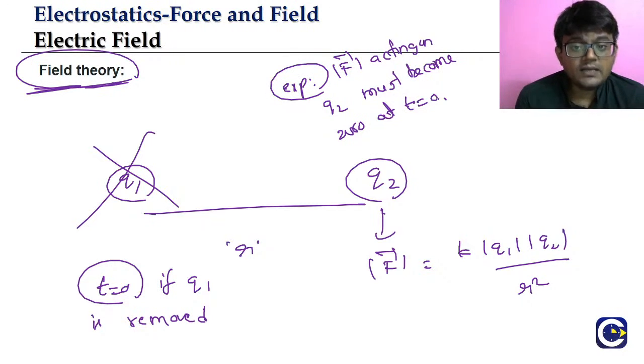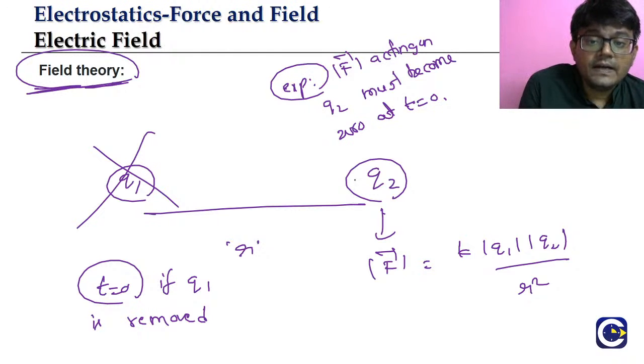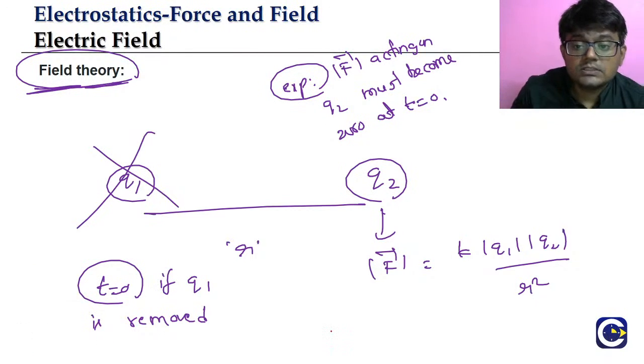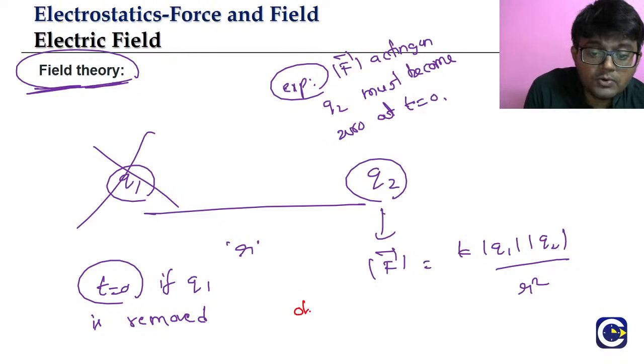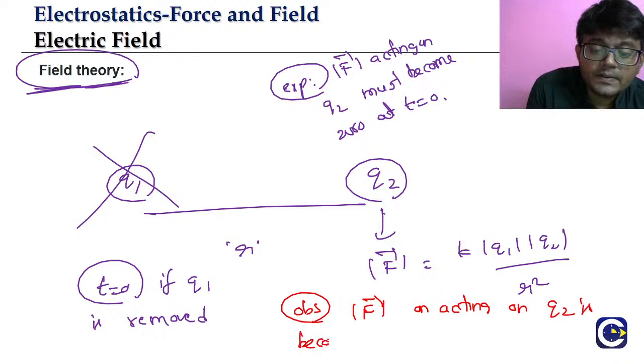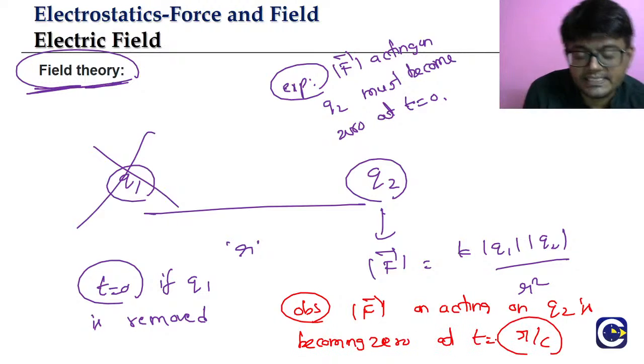But when they observed experimentally, it didn't happen. What was observed? The force acting on the charge q2 is becoming 0 at t is equal to r by c.